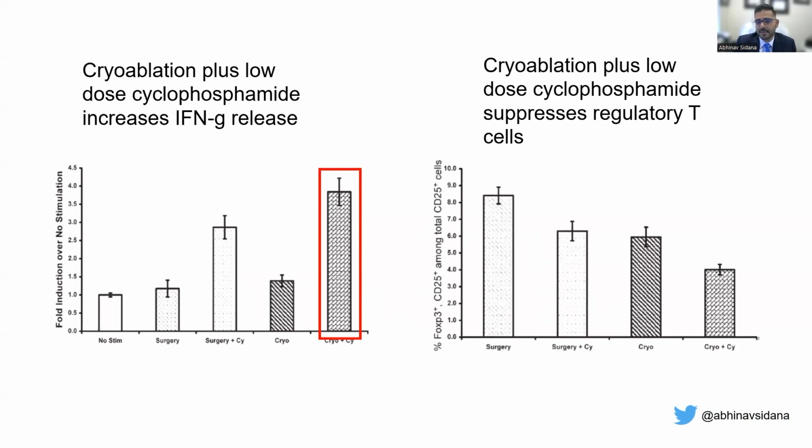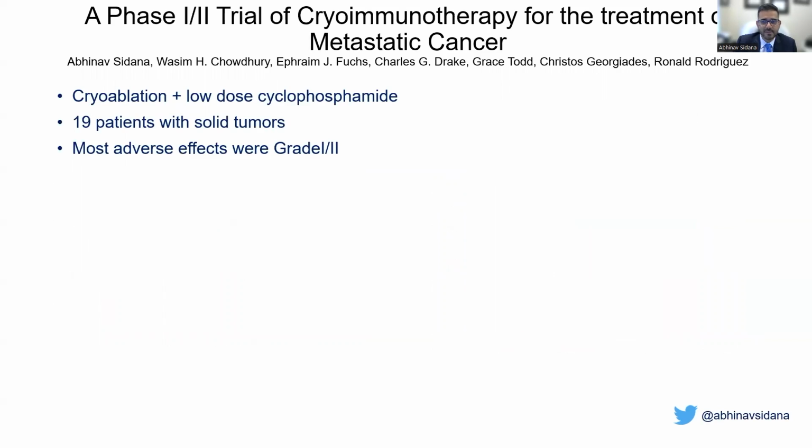The cryo plus Cy mice also had significantly decreased proportion of regulatory T cells, further demonstrating the efficacy of the cryo plus Cy combination.